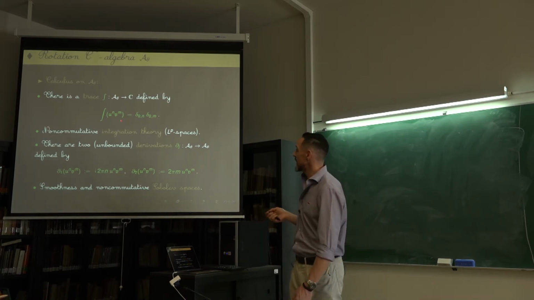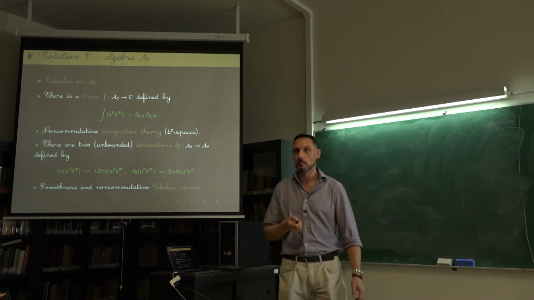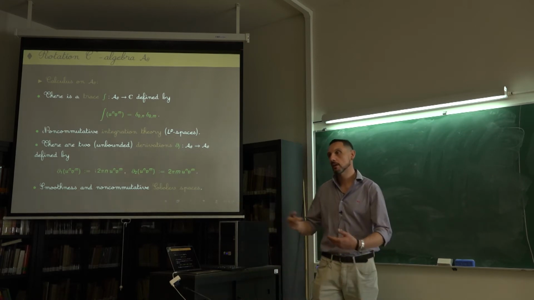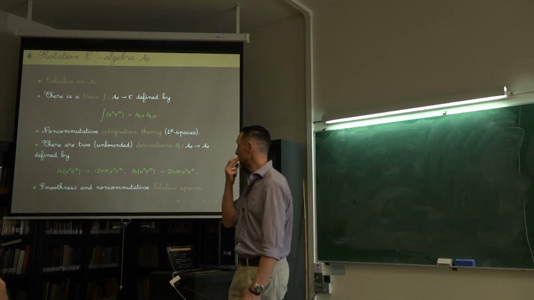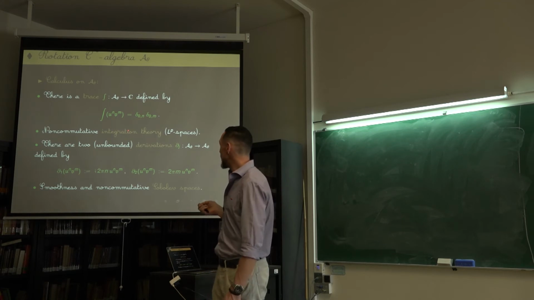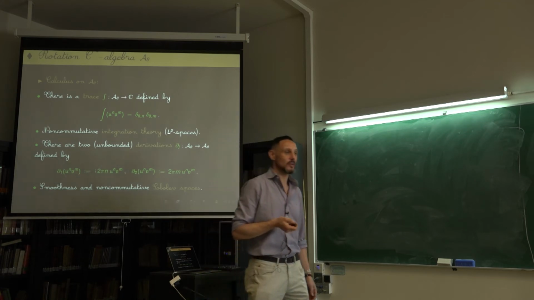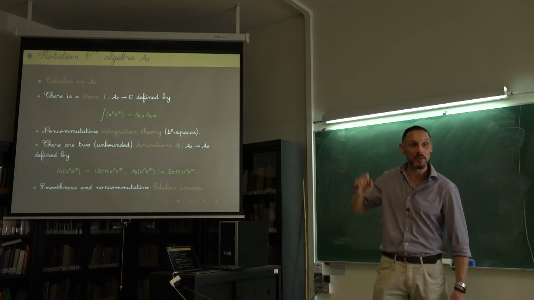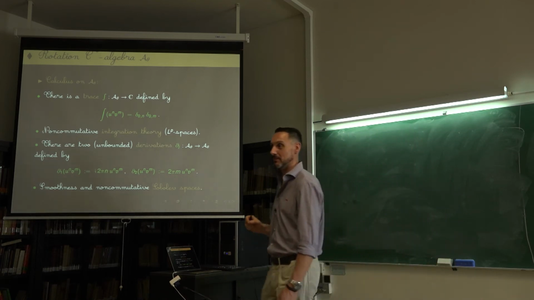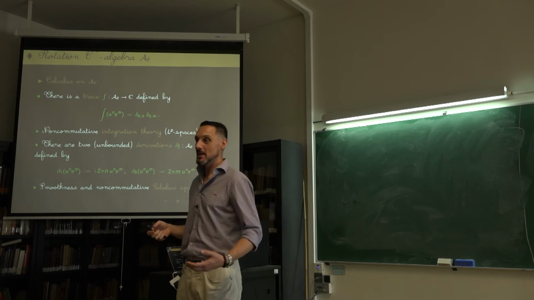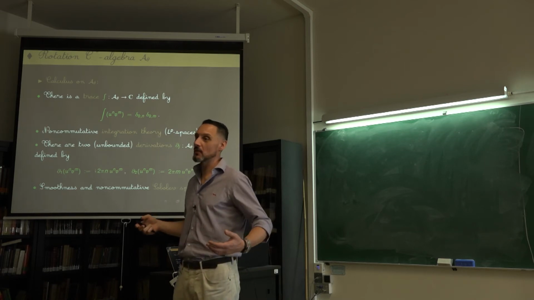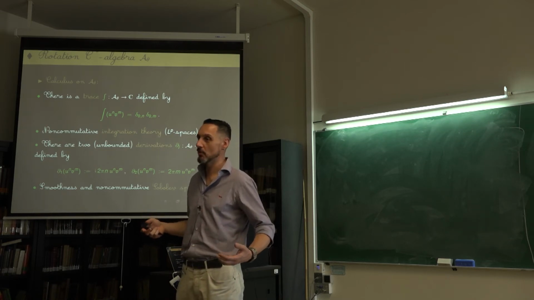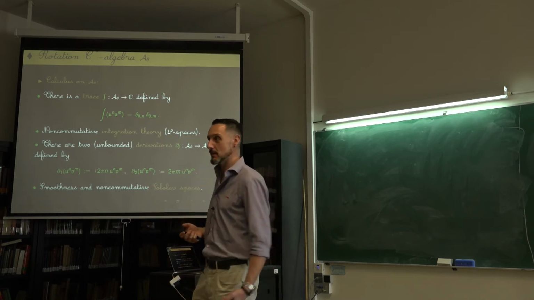And then I can extend this prescription by linearity to polynomials, and then to the whole algebra by continuity. And indeed, if you think of the example of the functions on the torus, I'm just saying that the integrals of the exponentials are 0. They integrate to 0. And the integral of the constant function, the identity, is just the volume of the torus, which for me is normalized.